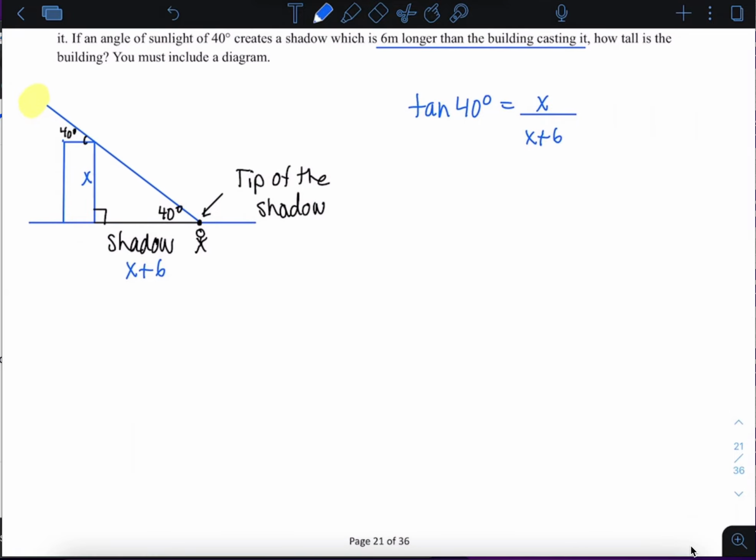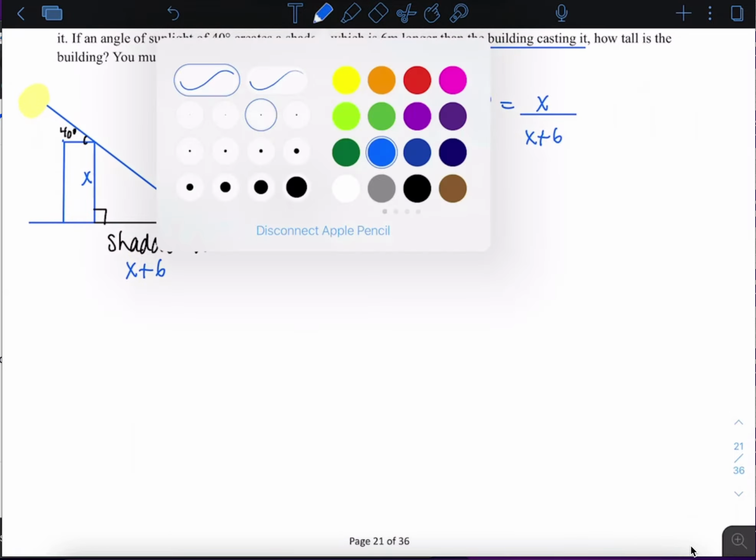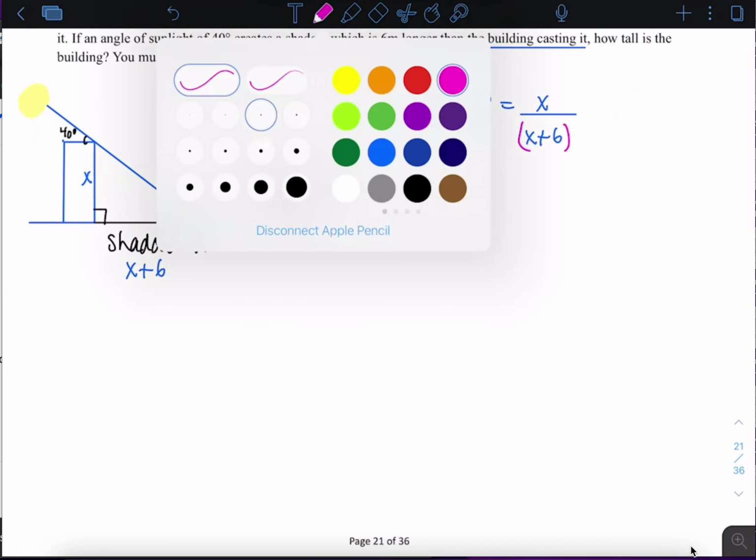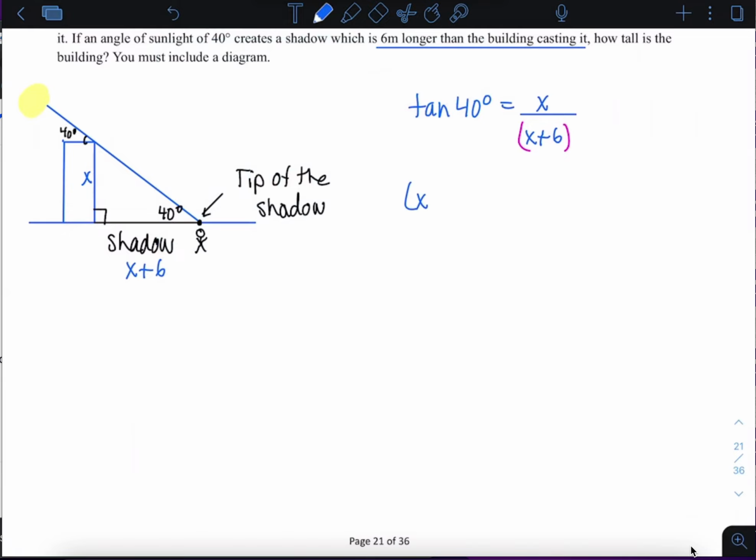Then what I'm going to do is cross multiply, but recall that when I have division like this, there are actually implied brackets around X plus 6. Okay, so it's going to be X plus 6 times tan 40 degrees equals X. And then I'm going to evaluate tan 40 degrees at 0.8391.